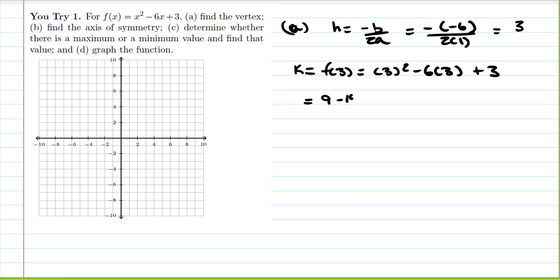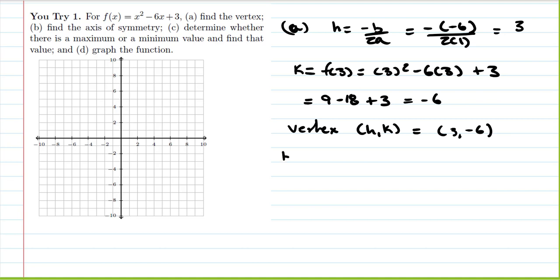So that's 9 minus 18 plus 3, and simplifying, we get negative 6. So our vertex is located at the point h comma k, which is going to be 3 and negative 6.